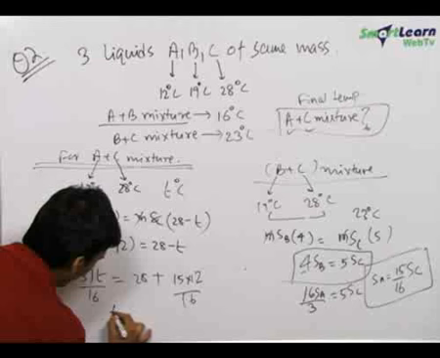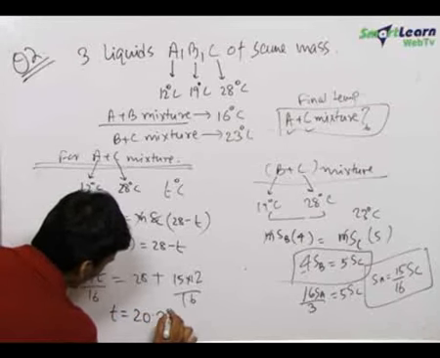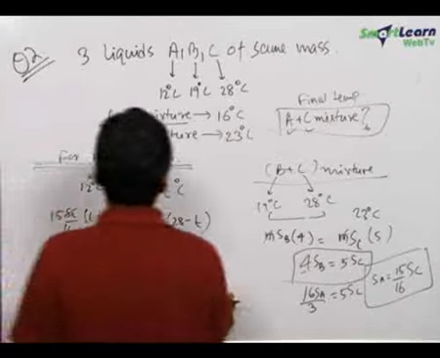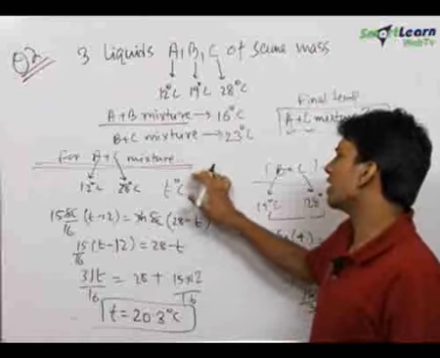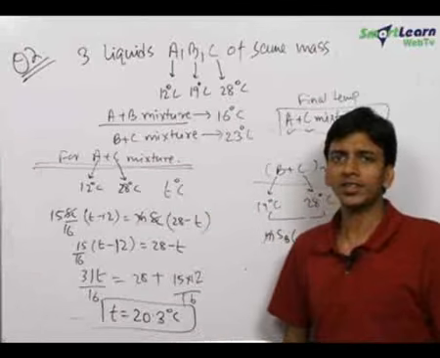On solving this equation, we get the value of T to be 20.3 degrees Celsius. So the final answer for the final temperature of the A plus C mixture comes out to be 20.3 degrees Celsius.